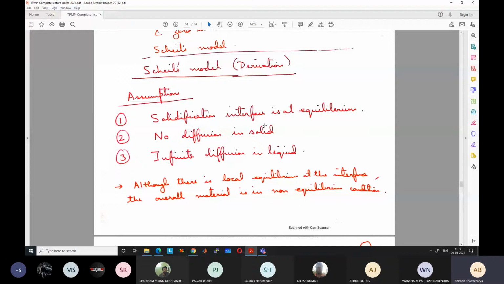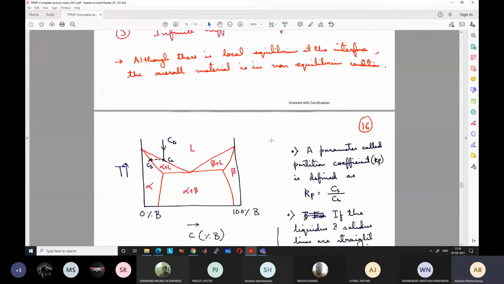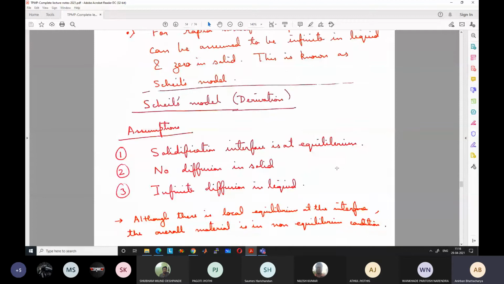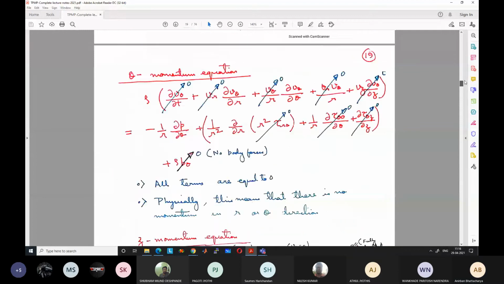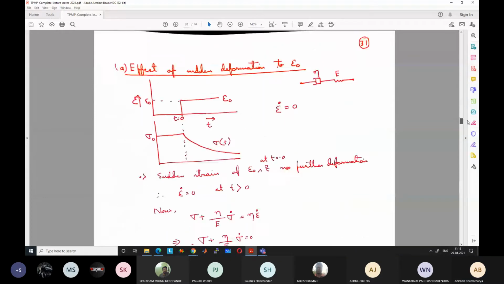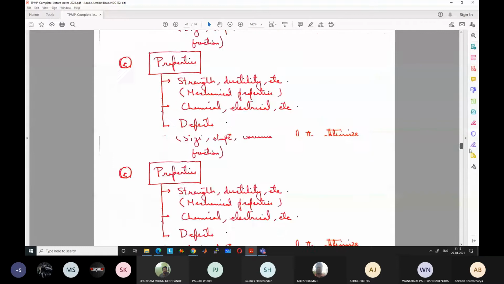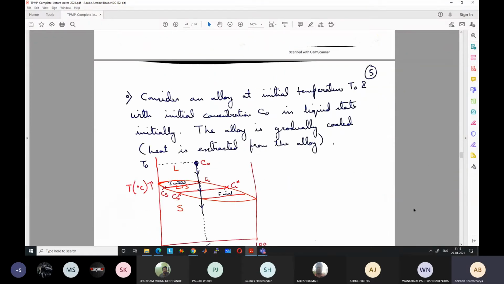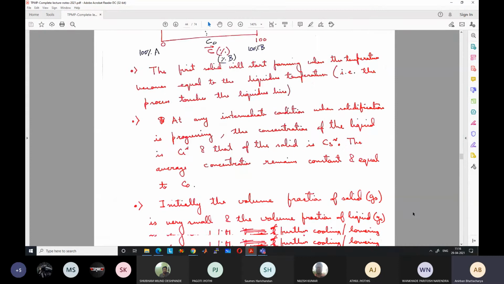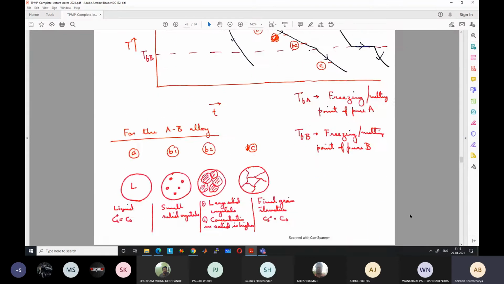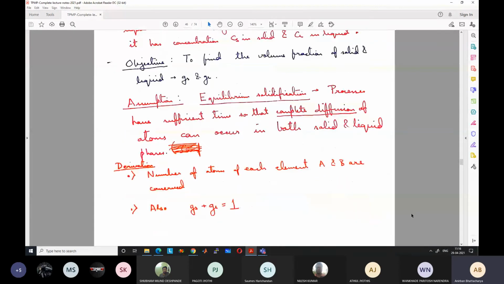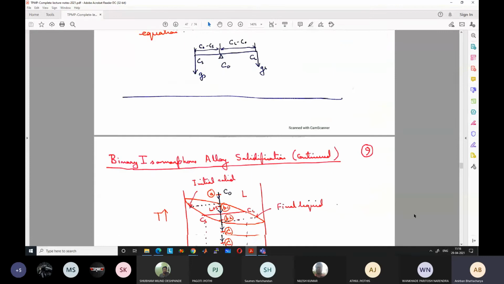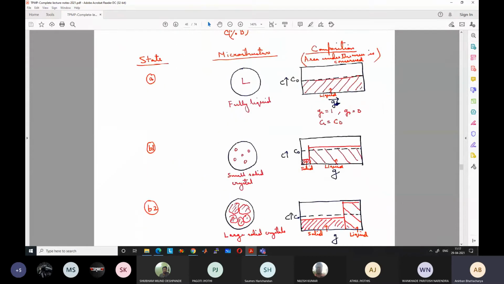It means that although the further away solid is not in equilibrium, let me go back to that diagram again. Say the solid forms like this.